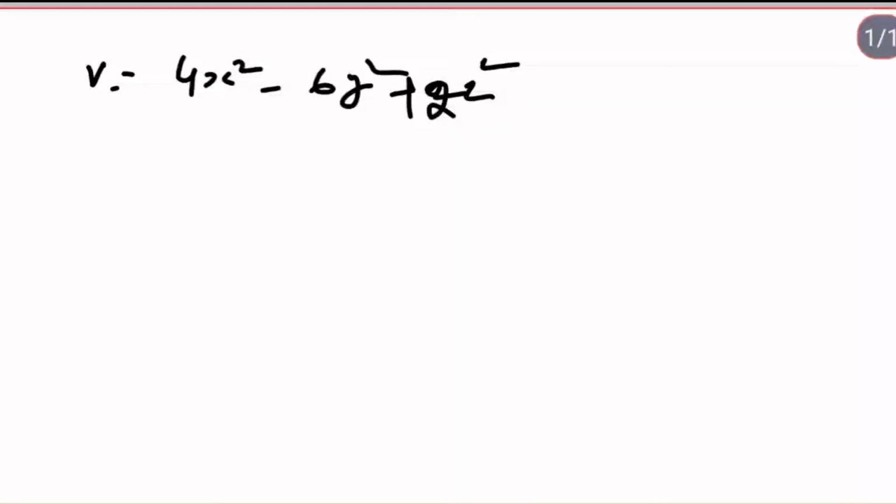This is the numerical example problem. How to verify? We already know that del square V equal to 0 is Laplace's equation. Whether the del operation on this equation gives 0 or not, let us see.